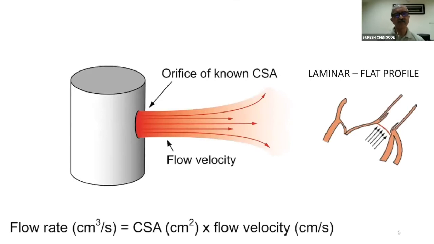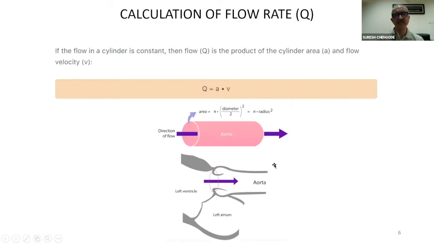Now, if you have an orifice with a known cross-sectional area, and a continuous, streamlined flow with a flat velocity profile, and you can measure the velocity across it, then the flow rate can be calculated by multiplying the velocity with the cross-sectional area. This is not as simple as this, when it comes to the cardiovascular system, for many reasons.